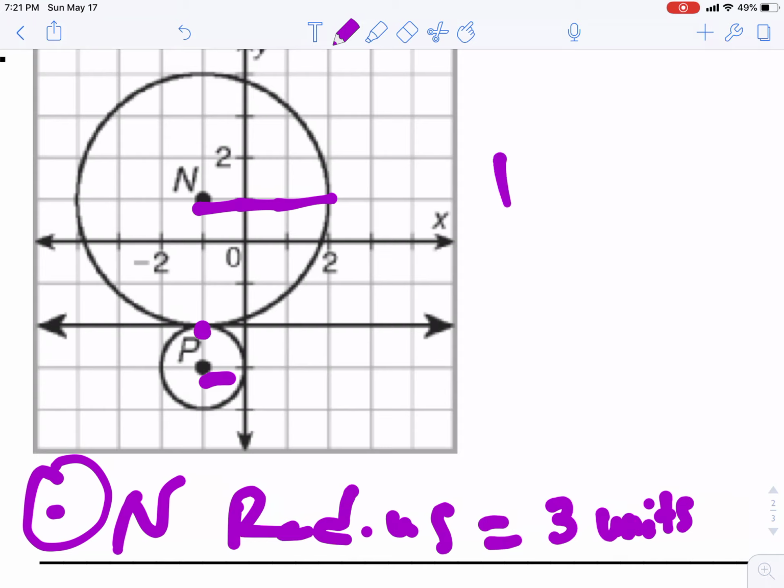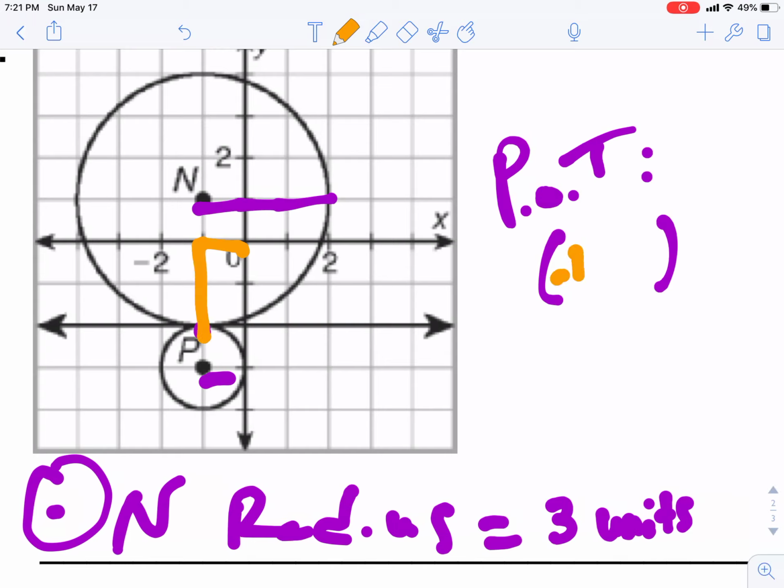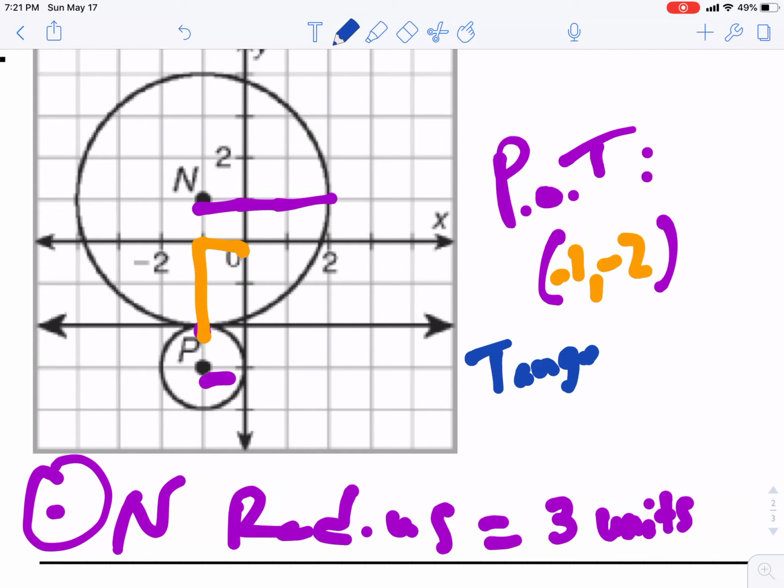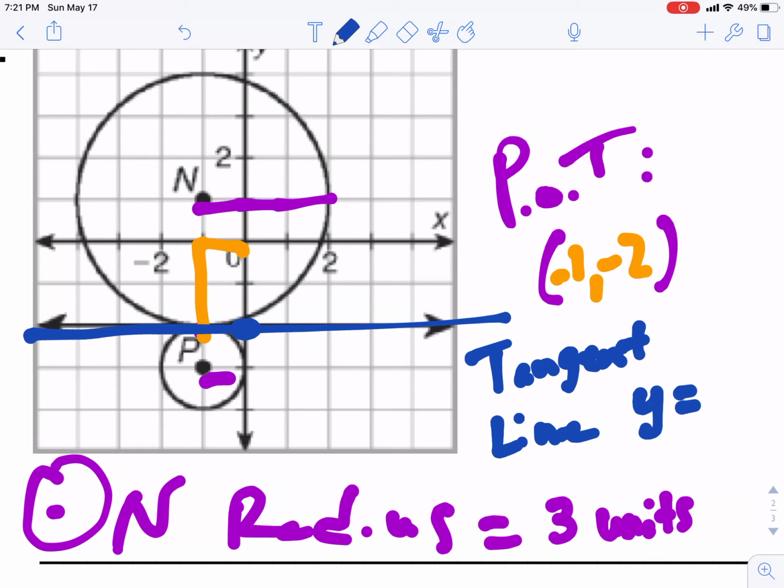The point of tangency, we'll just call it the POT, is the point where we start at -1 and go down 2, so it's the point (-1, -2). And then the equation of the tangent line: since the line is going horizontal, crossing through the y-axis at 2, it would be y equals 2. An easy way to remember it is that it crosses the y-axis, so it's y equals, and then you choose where it crosses, and that's at 2.